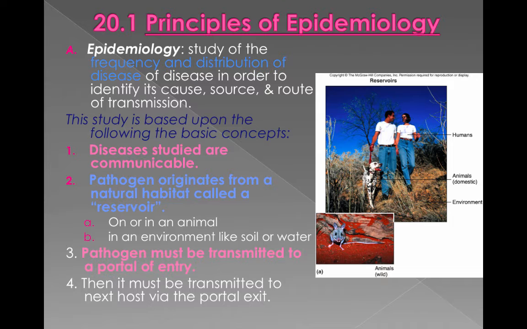Now that reservoir, that natural habitat, could be on or in an animal, or it could be in an environment like soil or water. Third, the pathogen must be transmitted to a portal of entry. So again, portal of exit meets a new portal of entry. That's our definition of communicable. And then it actually has to be transmitted to that next host, like I just described.